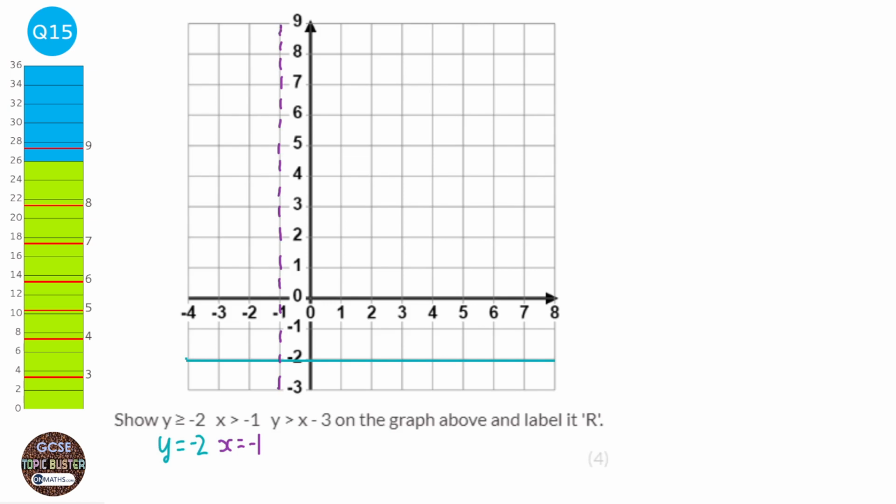Okay, the last graph is a little bit harder. I'm going to do y equals x minus 3, and it's going to be a perfectly diagonal line but down to minus 3. So it's going to be this line here, about there, but it's going to be dashed because we don't have an equal to.